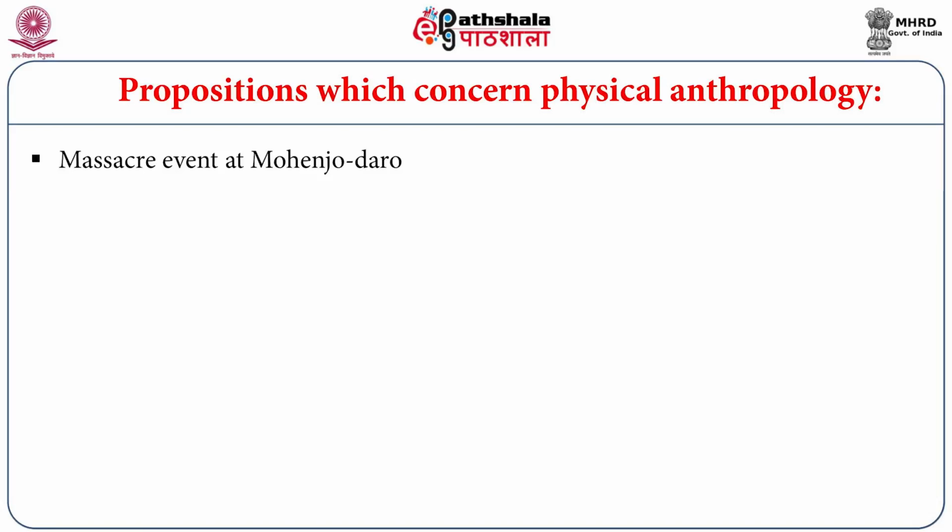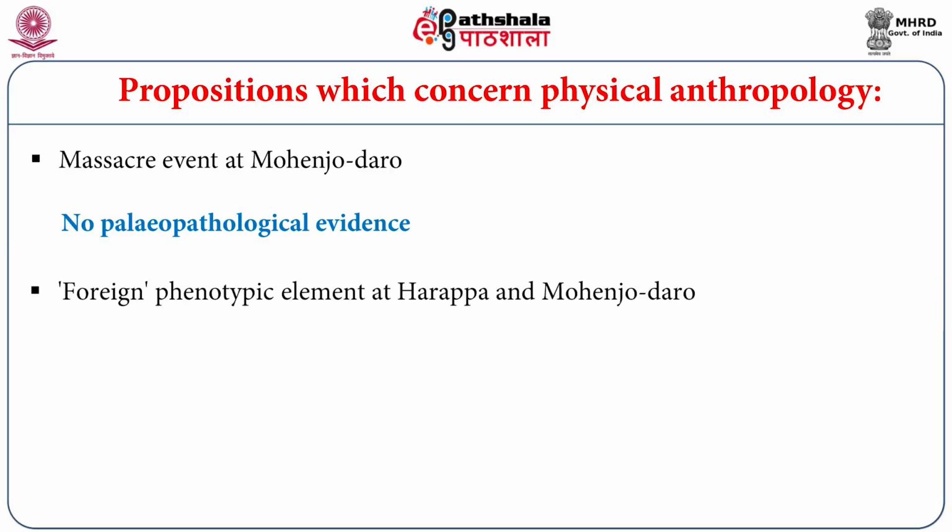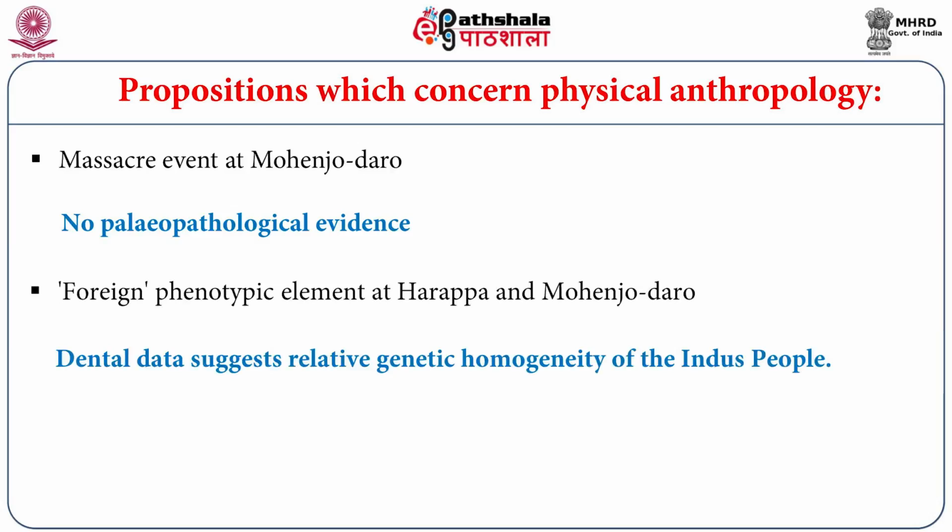There are also claims based on the skeletal evidence from Mohenjo-daro that there was a massacre event at Mohenjo-daro, but there is no evidence from paleoanthropological context. We have no paleopathological evidence for this, and also a foreign phenotypic element at Harappa and Mohenjo-daro was reported, but dental data suggests relative genetic homogeneity of the Indus people.